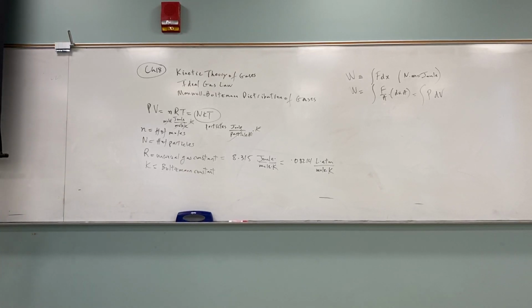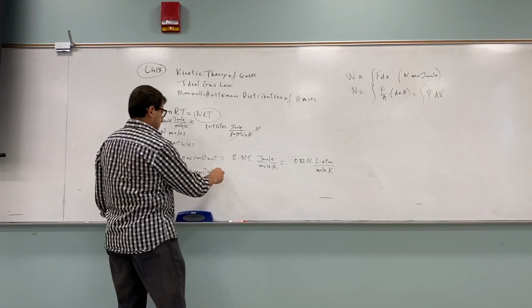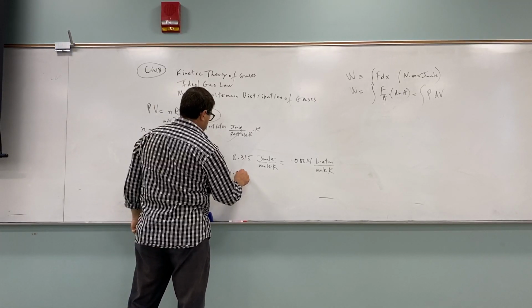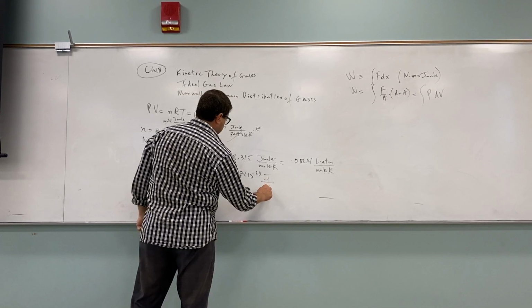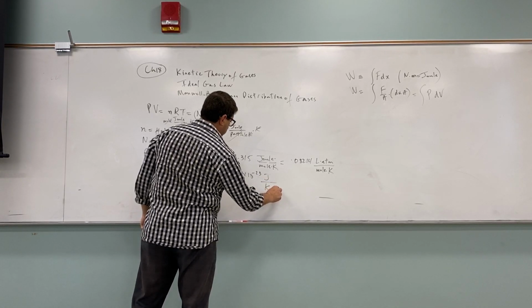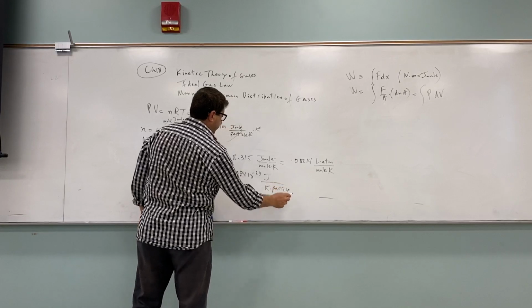So k is 1.38 times 10 to the minus 23 joule per Kelvin, and you could also put per particle: joule per Kelvin per particle.